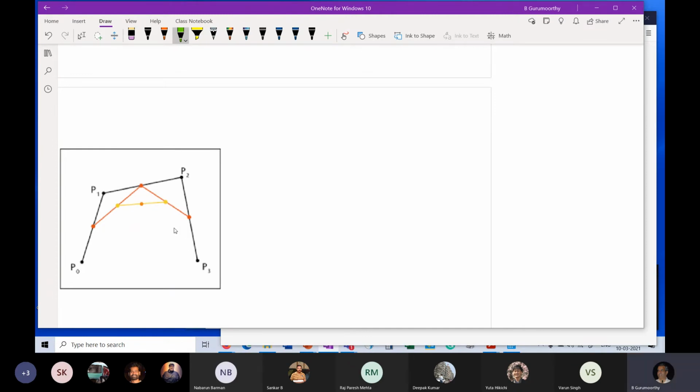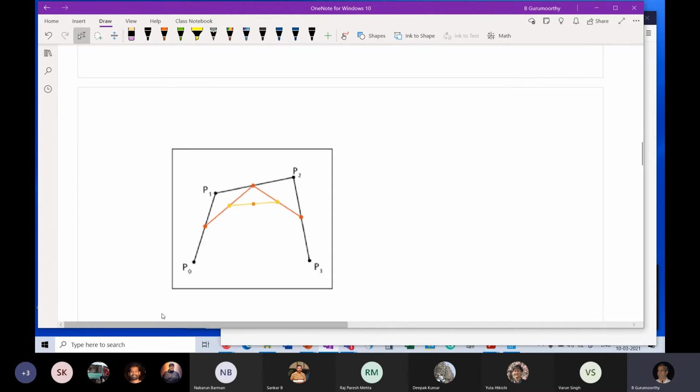What we do is that we take successive legs of the polygon, in this case, P0 P1, P1 P2, and P2 P3, and mark a point corresponding to a linear interpolant of these 2 points.